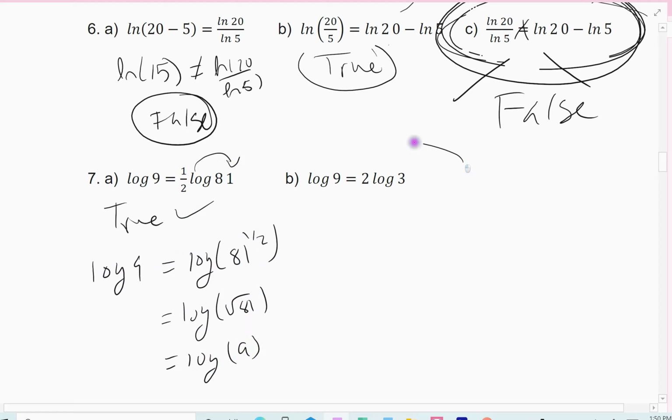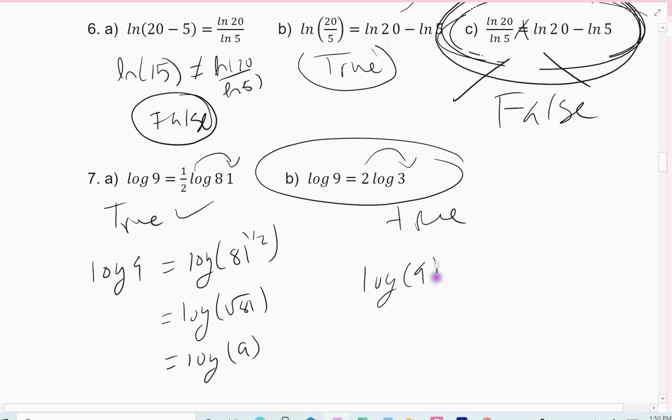So that's true. This is also true, right? Same idea. I can move the 2 inside. I get log of 9 equals log of 3 squared. Log of 3 squared is the same as log of 9. And so both of my last statements come out true. If you typed them in, they're both true.